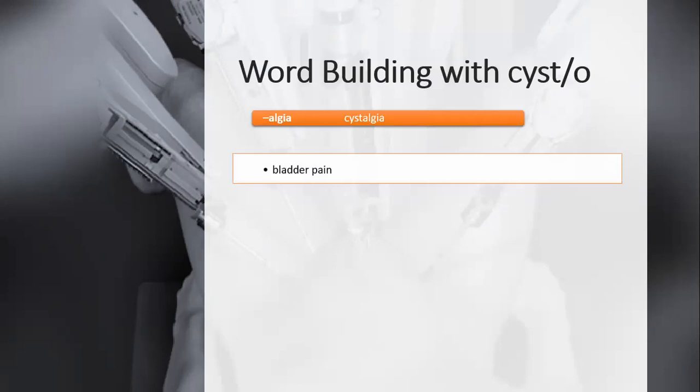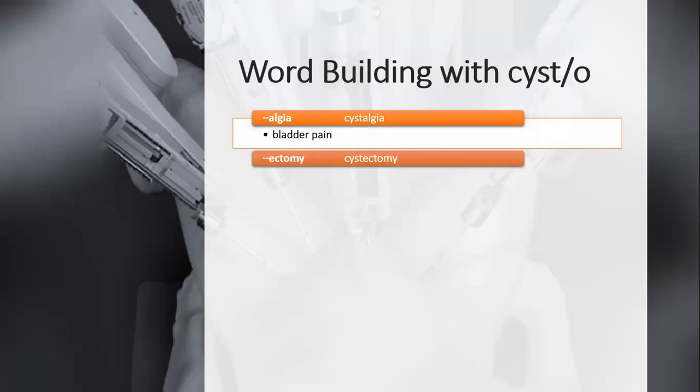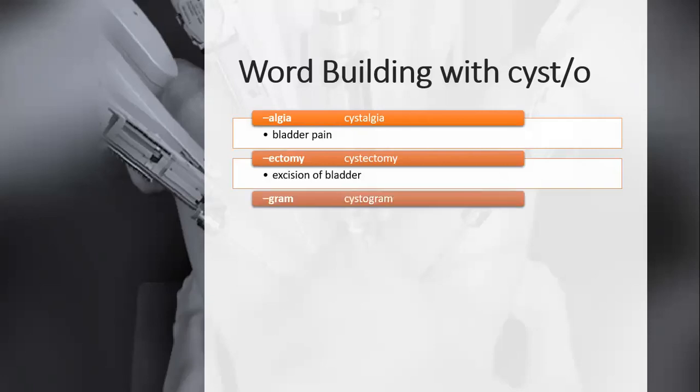Ectomy, cystectomy, it means excision of the bladder or removal of the bladder, like a radical cystectomy for bladder cancer. Cystogram, it means record of the bladder, the X-ray or imaging of the bladder.